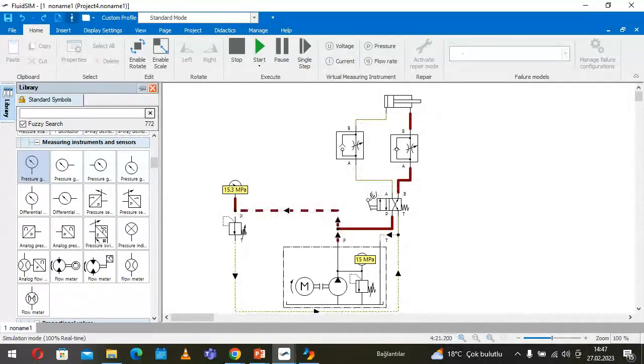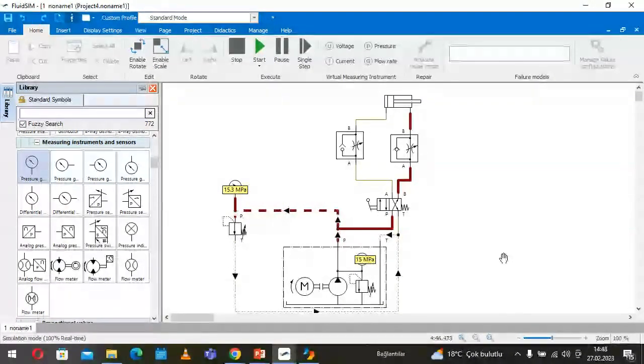But after arriving in the final position, the oil cannot flow anymore, and then the pressure increases. Then the relief valve opens and bypasses the oil into the tank. Okay, this is the pressure situation. It's very important.